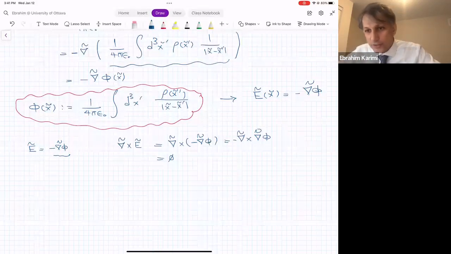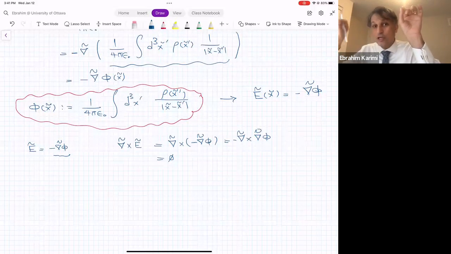That also warns you guys. You are not allowed to use this expression in a naive way for calculating the potential when rho is a function of time. It's a warning because we know from the Maxwell equation that the curl of E is given by minus the derivative of B with respect to time.